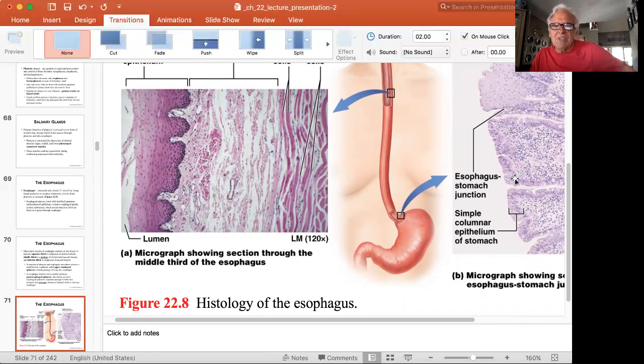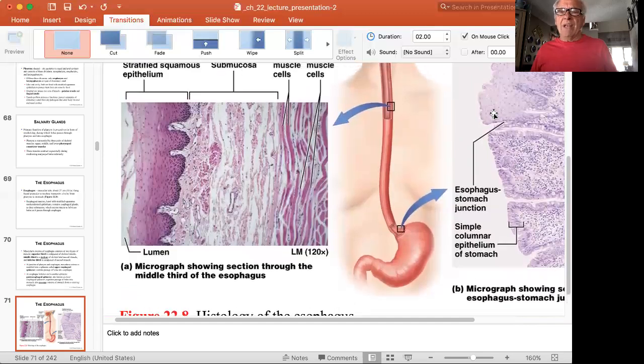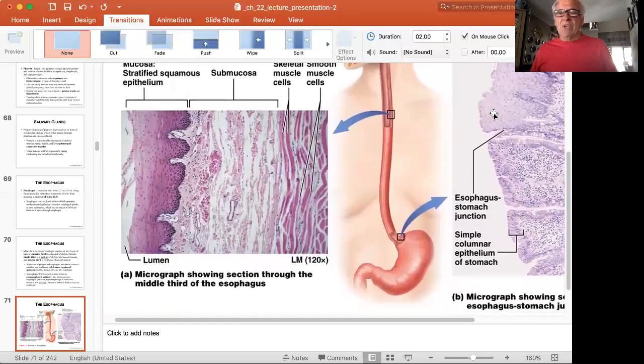Well, the stomach's epithelium is simple columnar, where this was stratified squamous. And the reason is this is exposed to more abrasive force, so it's stratified squamous. This here is going to have more of a secretory function, which we'll talk about later. That's why this epithelium becomes simple columnar.